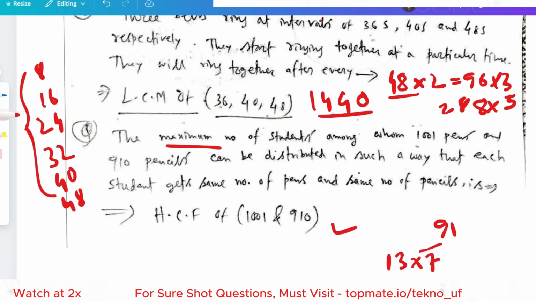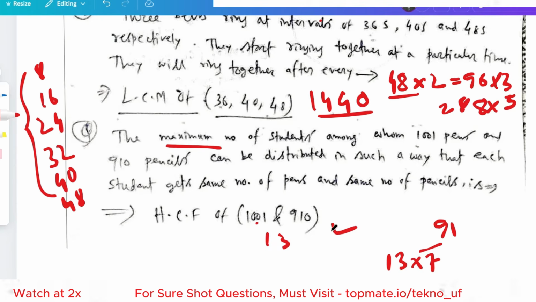Let me divide these numbers by 13. 91 and 91, so this is divisible by 13 and this is also divisible by 13. So 13 will be the HCF.